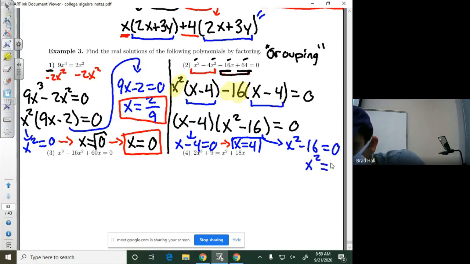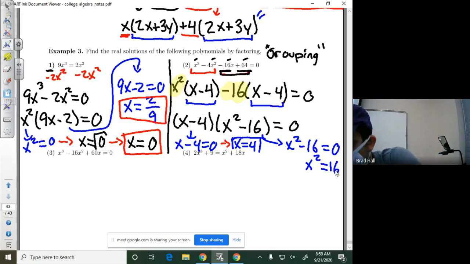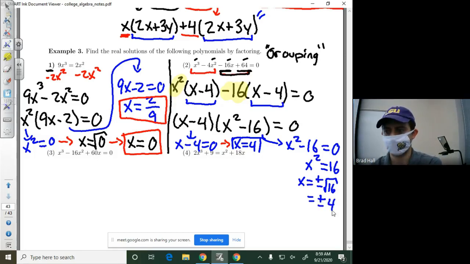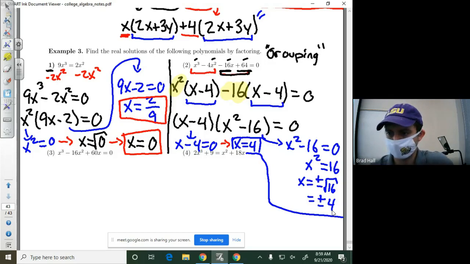So we add 16 on both sides and take the square root of both sides. And so we get that x is plus or minus 4. So really, we only get 2 answers here.